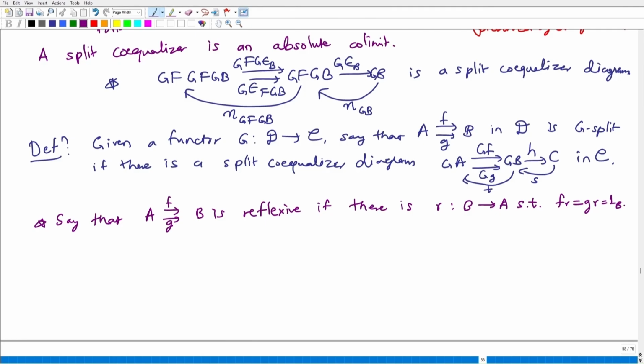So this pair is reflexive. It actually represents reflexivity of the relation.